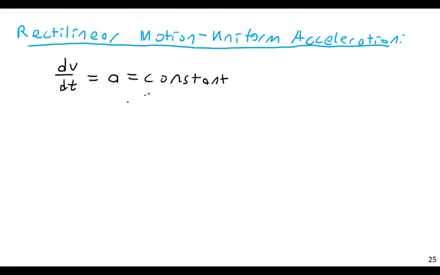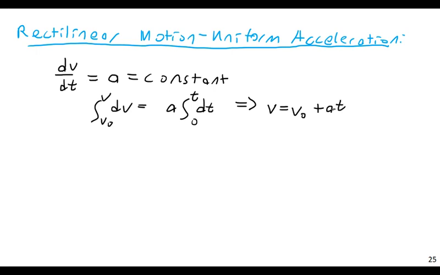If I rearrange this, I get dv equals a dt, and I can integrate both of these, this one from v naught to v, and this one from 0 to t, and I will then get that v equals v naught plus at.